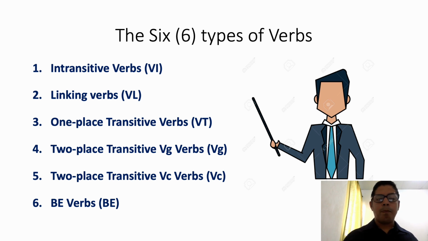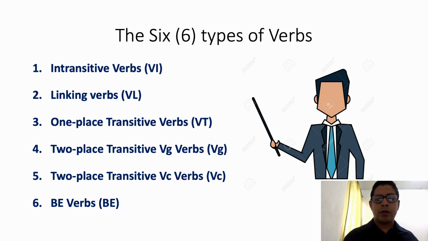Number three, one place transitive verb, represented by the letters VT. And the two place transitive VG verbs, represented by the letters VG. The two place transitive VC verbs are represented by the letters VC. And the last one, be verbs, represented by the word be.